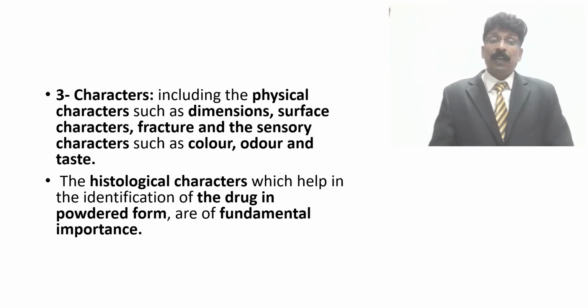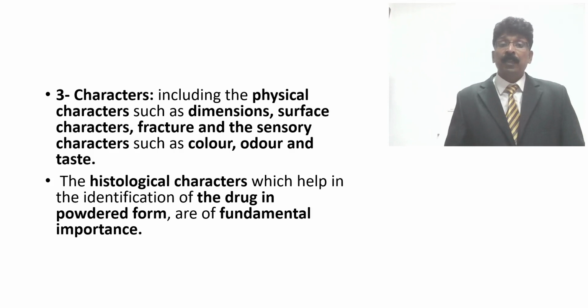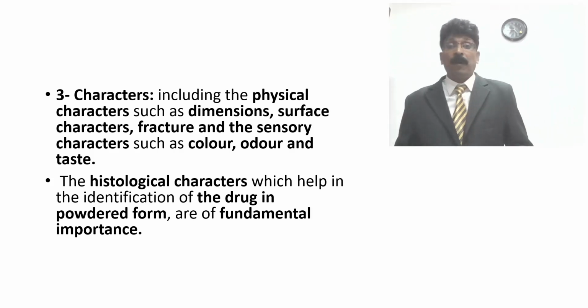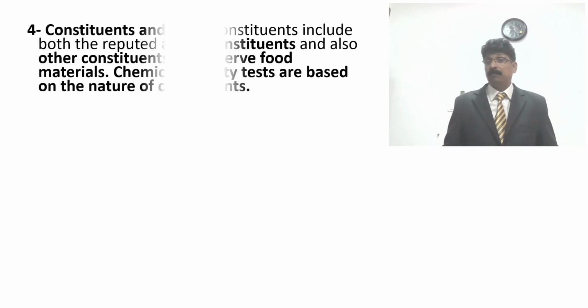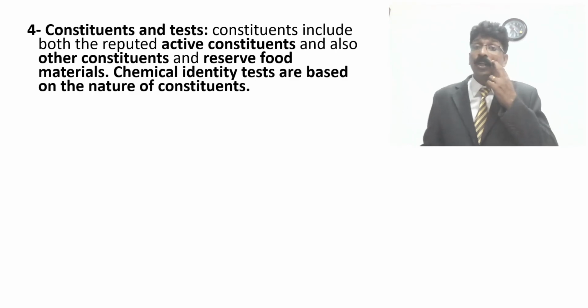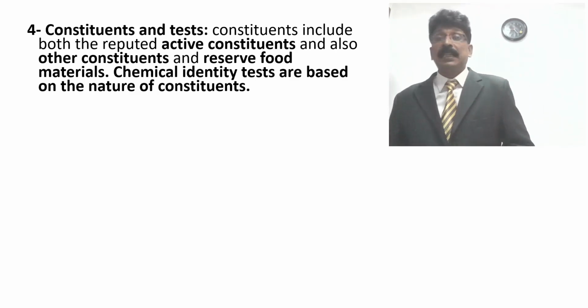So the fundamental importance, powder form, these all things, the drug powder form identification, which all helps to identify the particular structure. Number 4, you should see the constituents and test, very important.